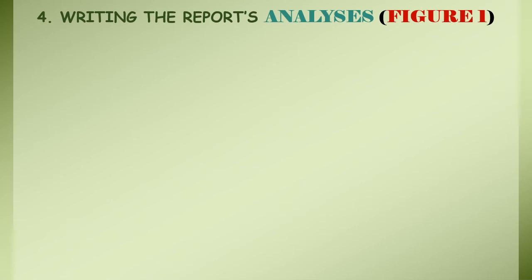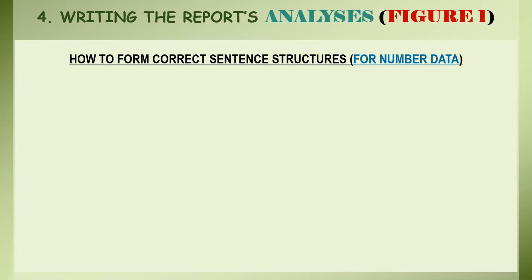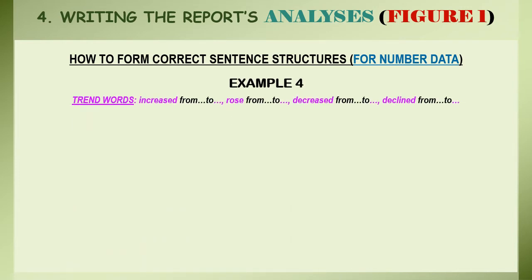In the last example for figure 1, we are going to form an analysis using the trend words increased or rose, and decreased or declined. It is important to note that when using this type of trend words, you have to clearly indicate that there are two data taken from two time frames and they are compared.